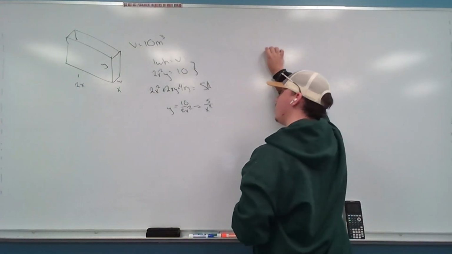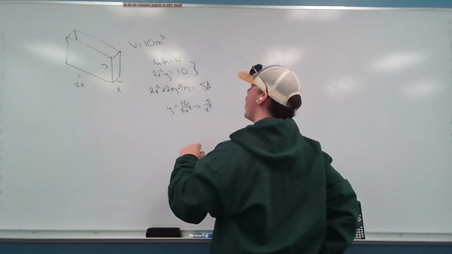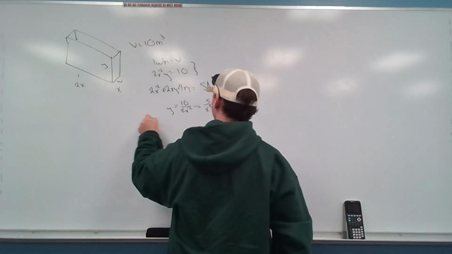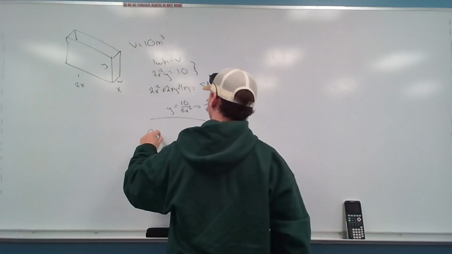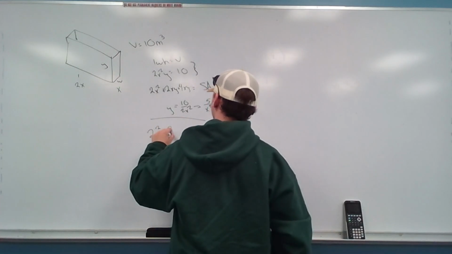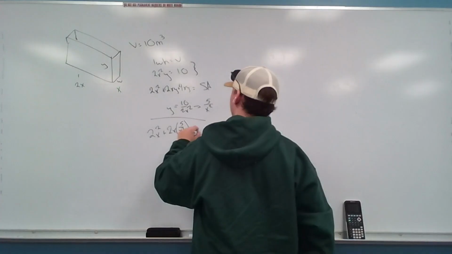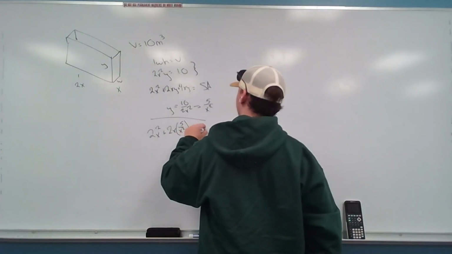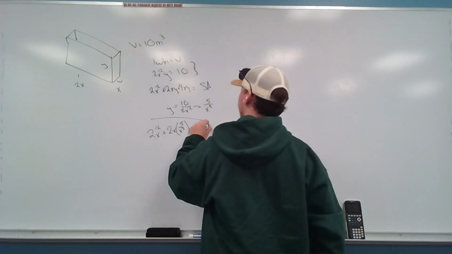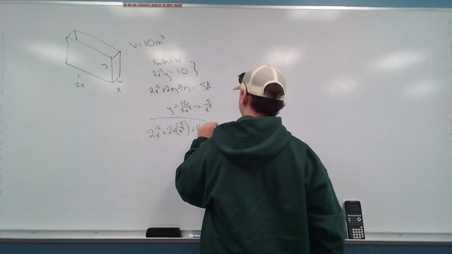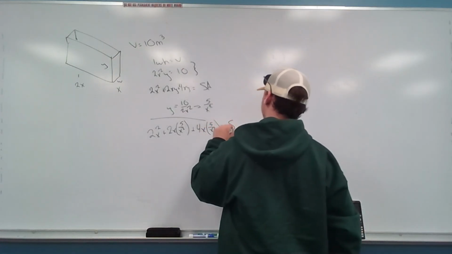So now that we have that, our second equation can be substituted with 2x squared plus 2x times 5 over x squared, plus 4x times y, where y is 5 over x squared. That's going to be our surface area.